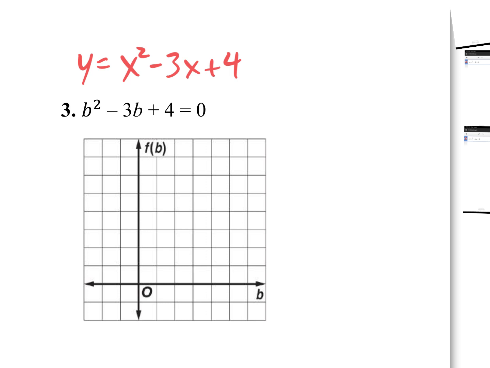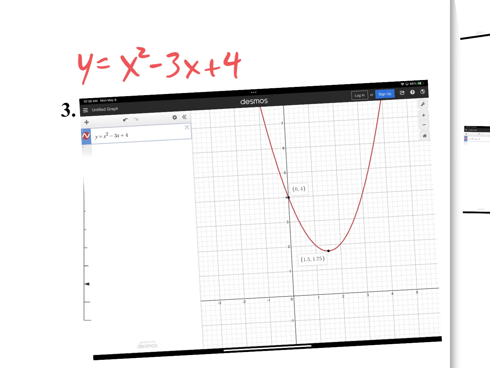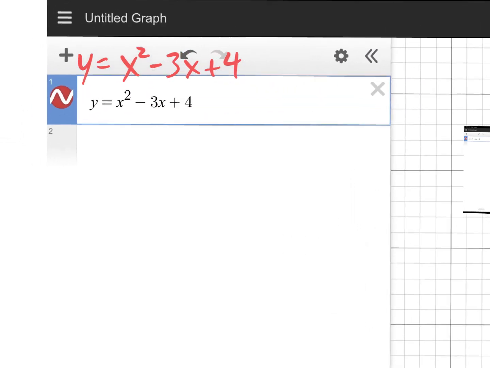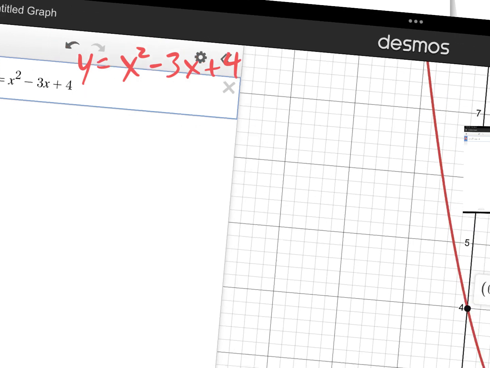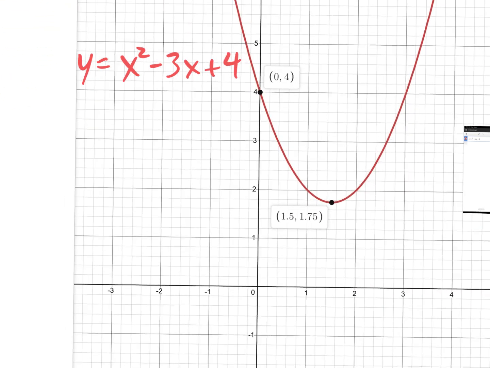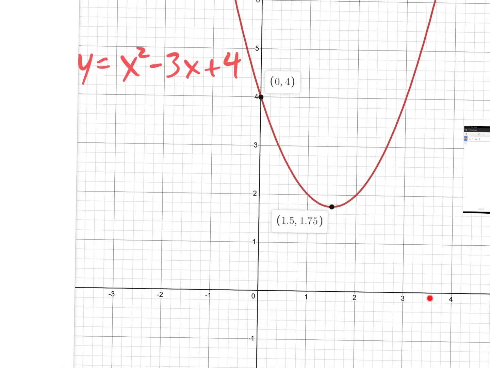No solution. Exactly right. Why is it no solution? Because it doesn't cross, right? There it is. Y equals x squared minus 3x plus 4. If you look at the graph, it does not cross the x-axis.